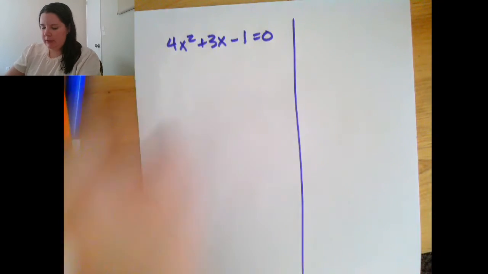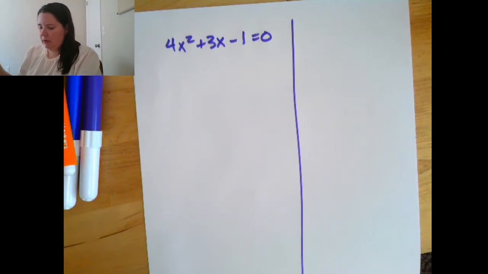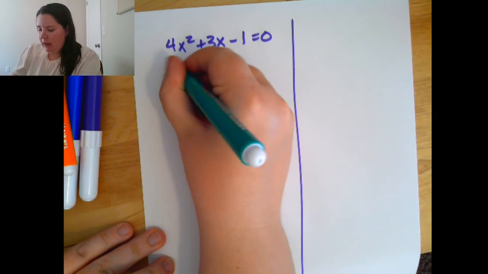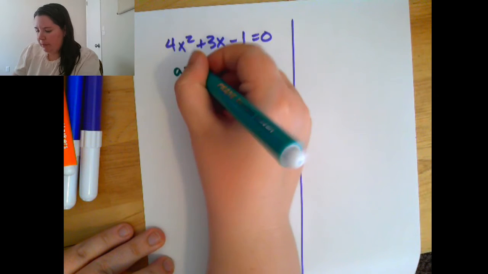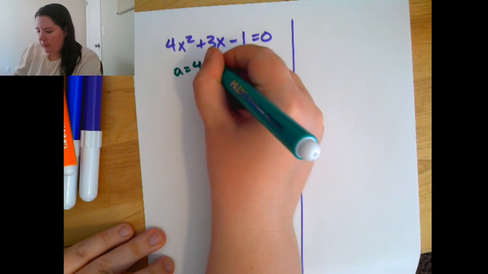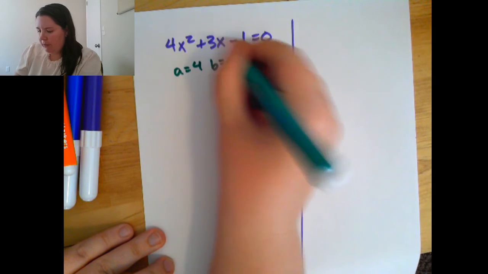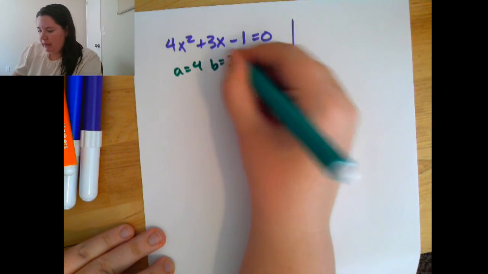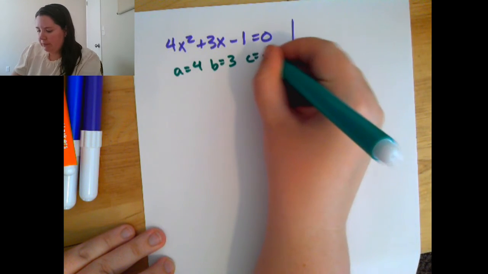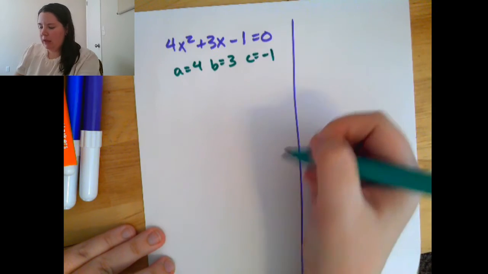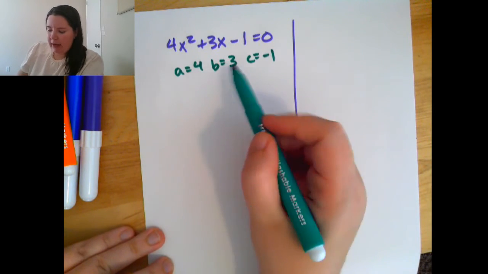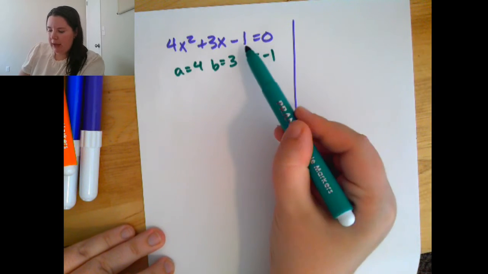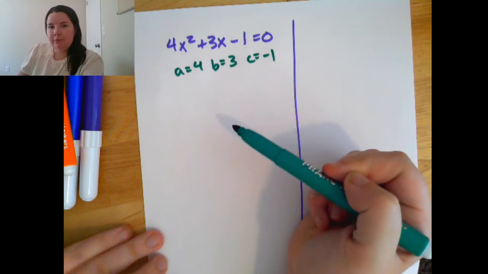First things first, we're just going to label a, b, and c. a is the number in front of x squared, b is the number in front of x, and c is the number by itself, our constant. c for constant. Notice that I keep the sign. So 4 was positive, 3 was positive, and this 1 is negative.